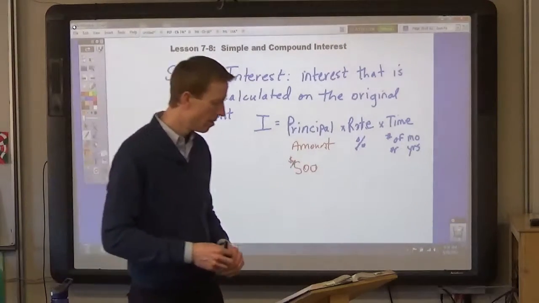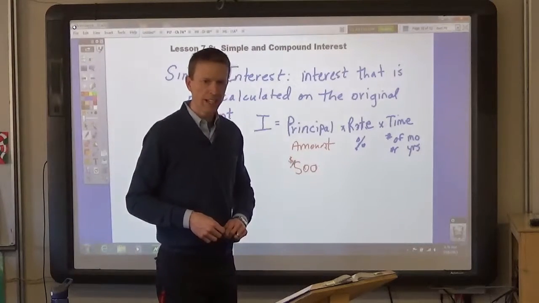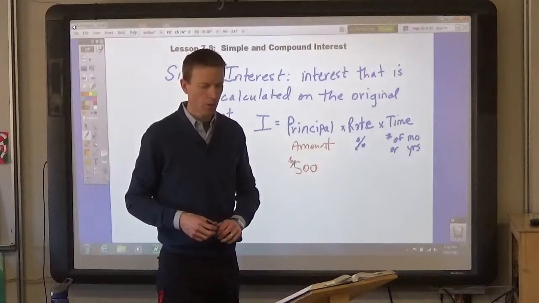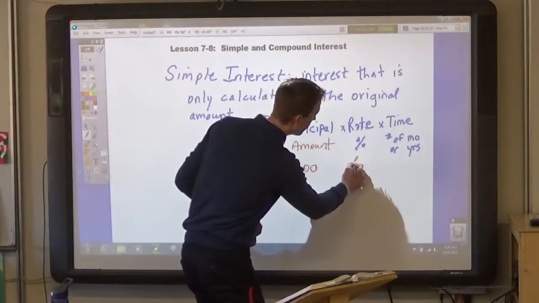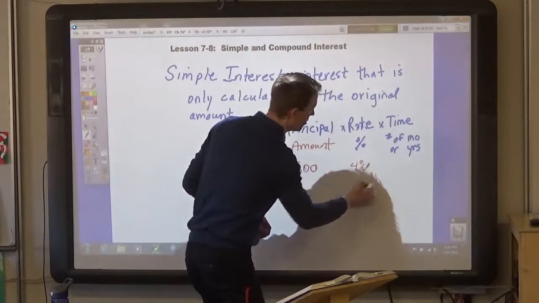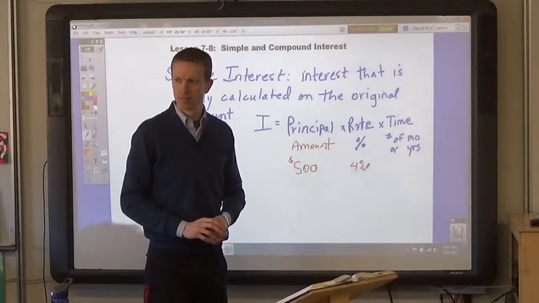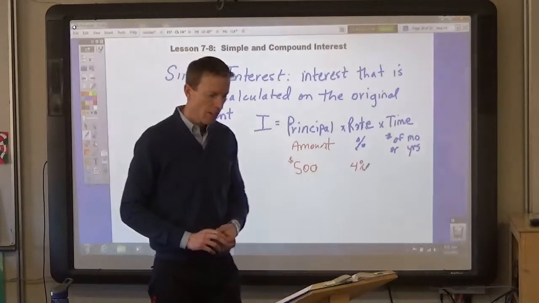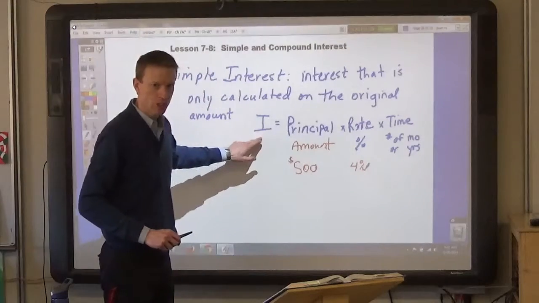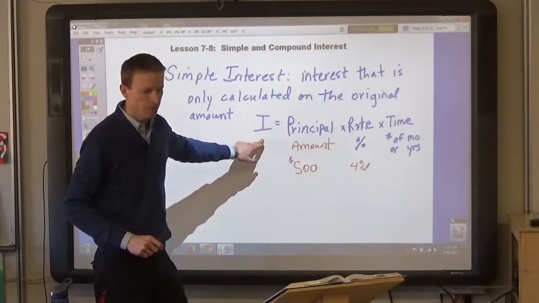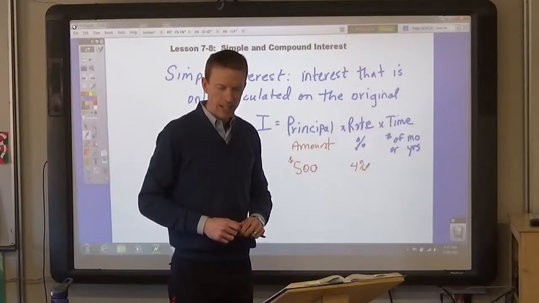Okay? Then it says it pays 4% interest per year. So our interest rate is 4% per year. Then we want to find the interest amount, which is the I, the interest amount in 6 years.